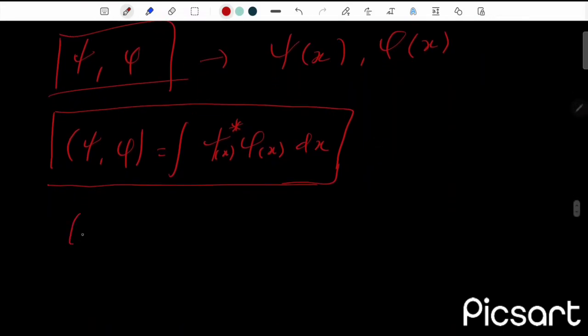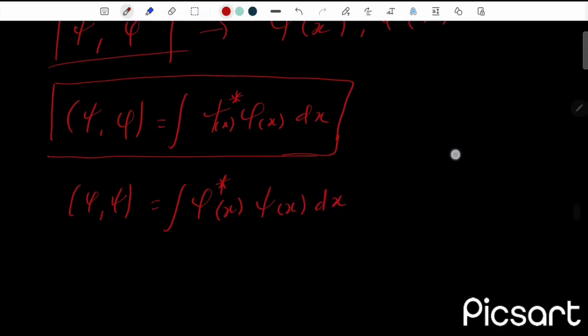Also, if we change the position of these two functions, this inner product must be equal to the integral of phi complex conjugate times psi dx.